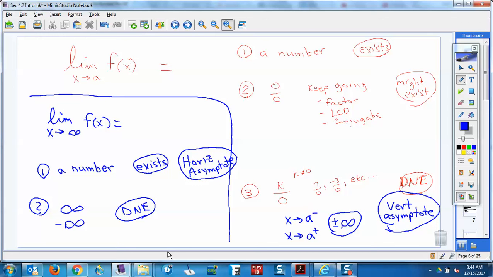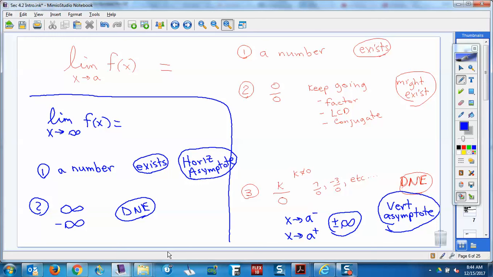I'll look that up. The other thing that might happen is you get 3 over 0, 2 over 0, something like that. On the last quiz, if you got that, we just said does not exist. Now what have we added? You can't stop when you get does not exist. One thing we've added in blue is if you get 3 over 0, 4 over 0, 5 over 0, you say does not exist, and then you have to say why.